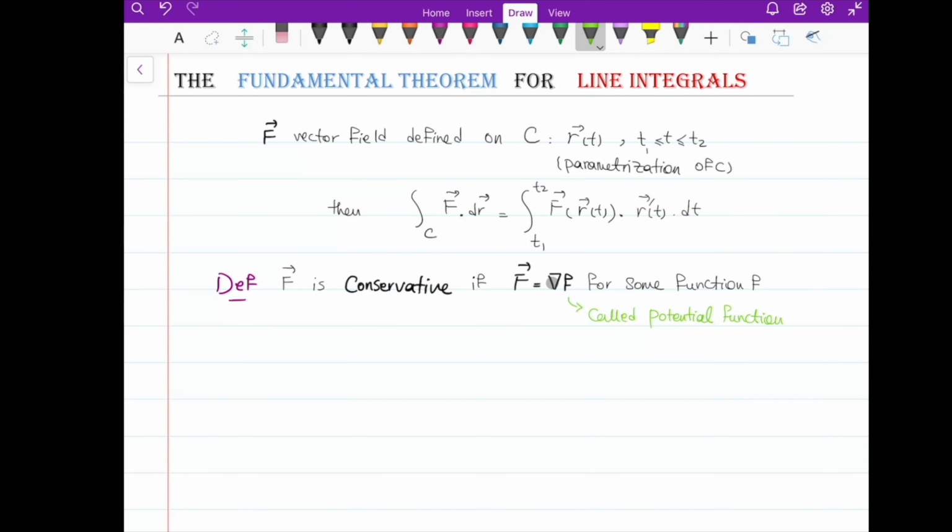Okay, then we have the fundamental theorem for line integrals.